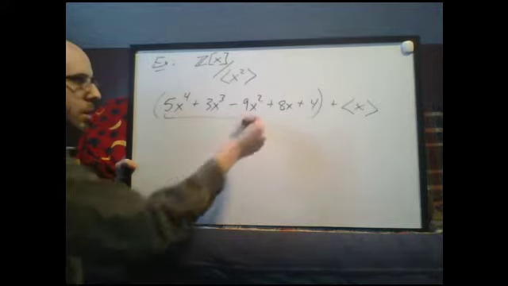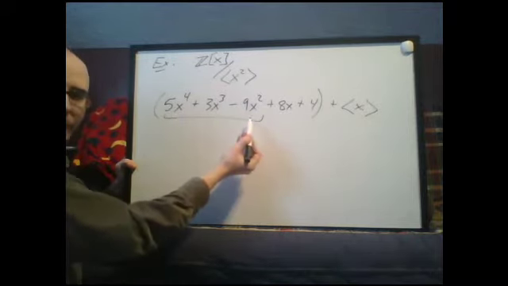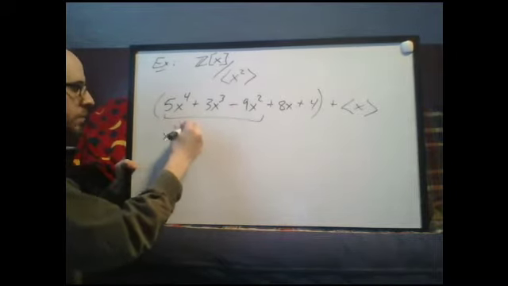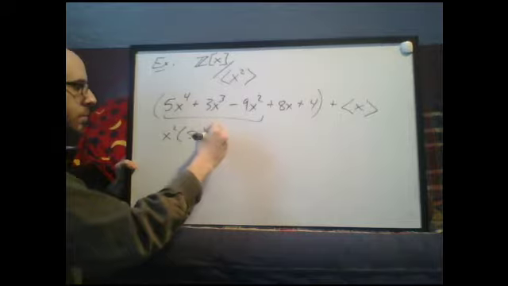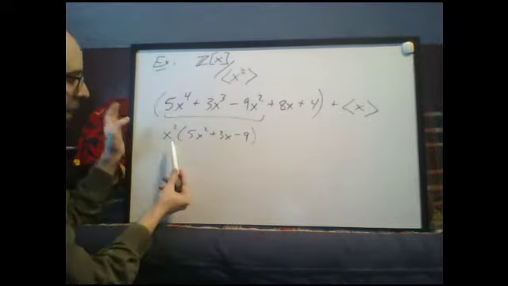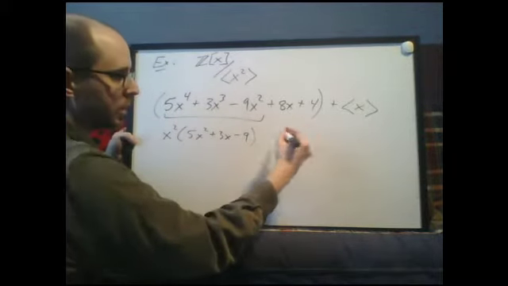But here, the 5x to the 4th down to -9x squared, from all of those I could pull out an x squared. So this polynomial has x squared as a factor. That means that part lives in the ideal.